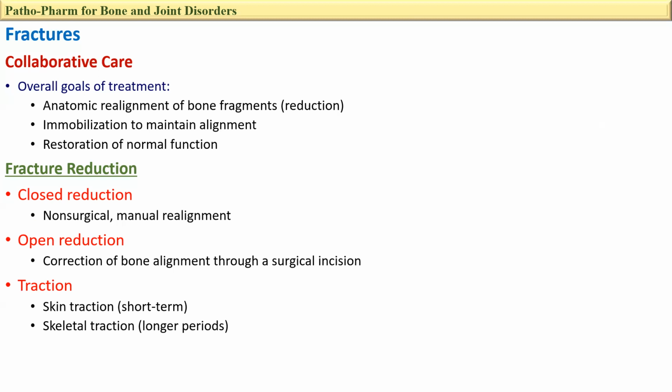So they have to touch each other. We have to resume the normal anatomy of the bone. That's the definition of reduction. Bone reduction means resuming the normal anatomy of the fractured bone. So both ends should be touching each other with normal anatomy.